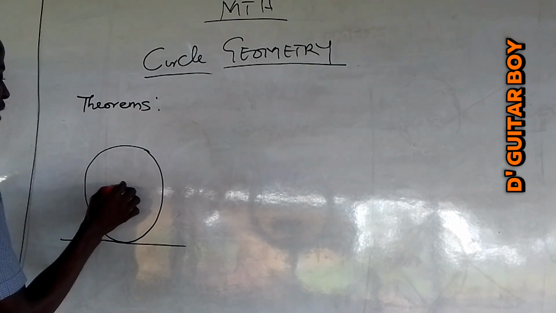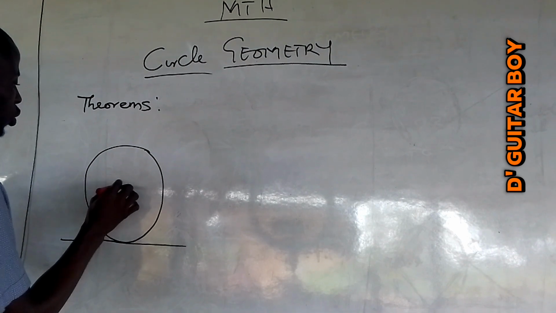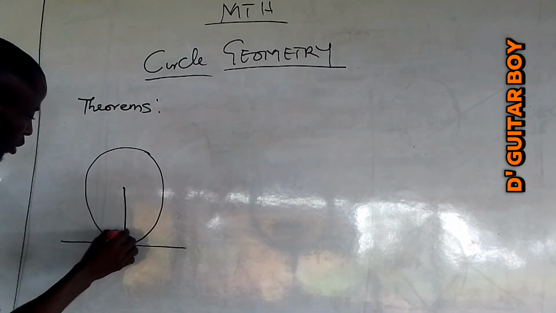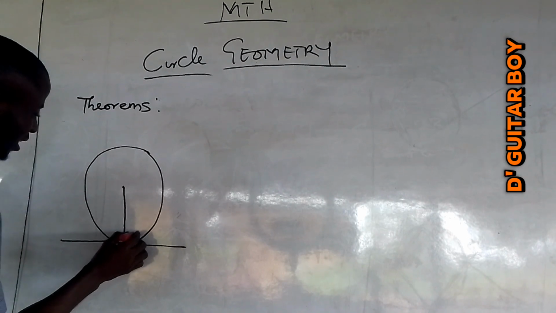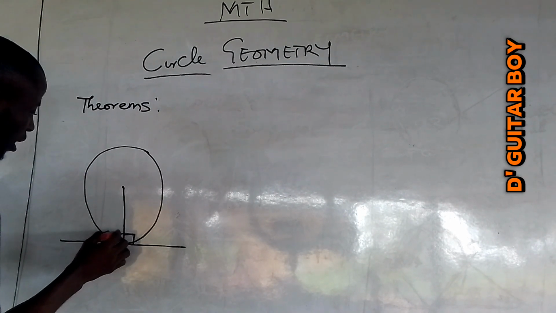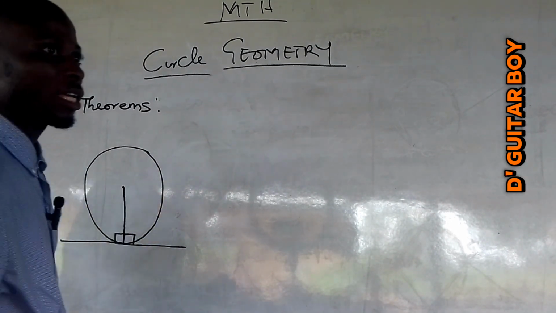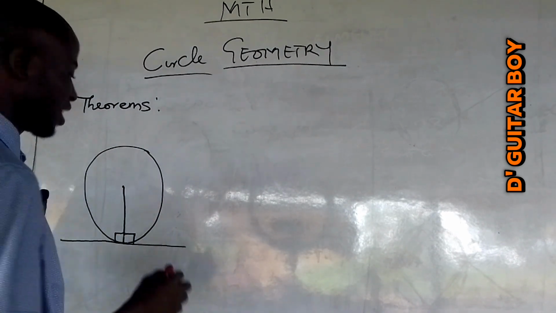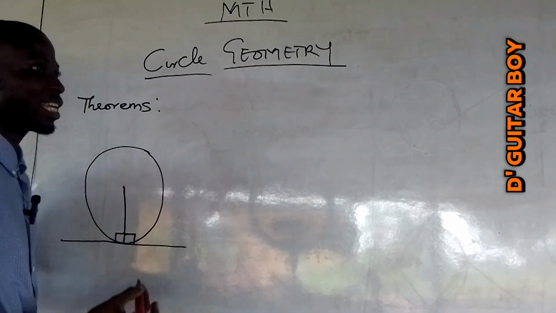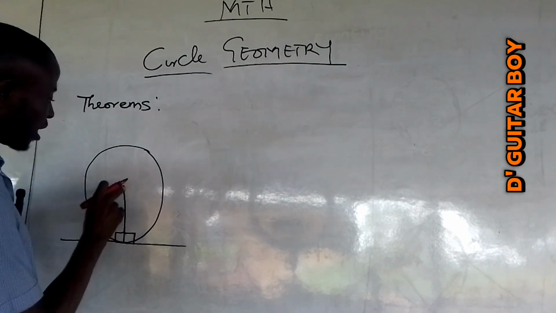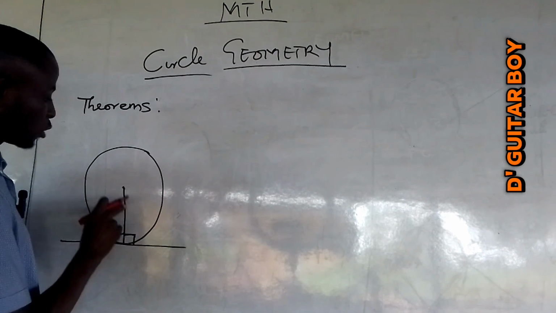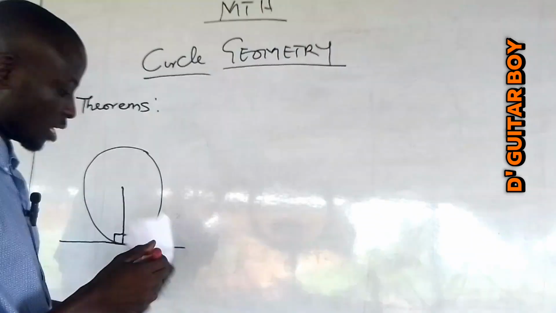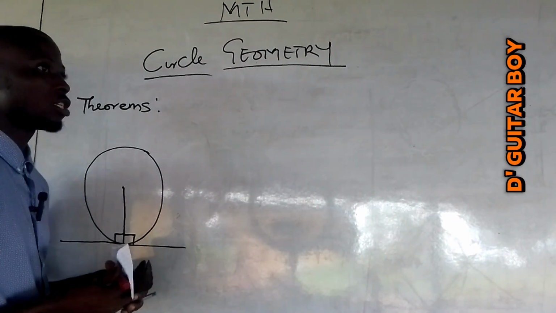In as much as you draw the radius from the center to the tangent, just know that it is perpendicular. You know the meaning of perpendicular. It means this angle here between the tangent and the radius is 90 degrees. That's the meaning of perpendicular. It is as simple as that. So that is what this theorem is saying.